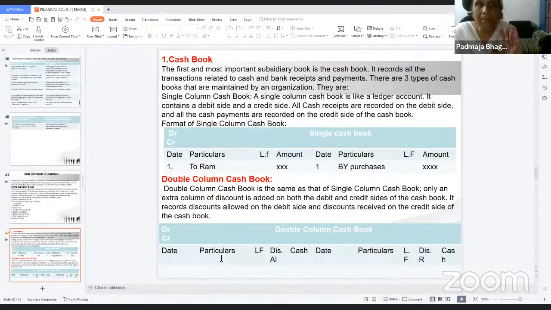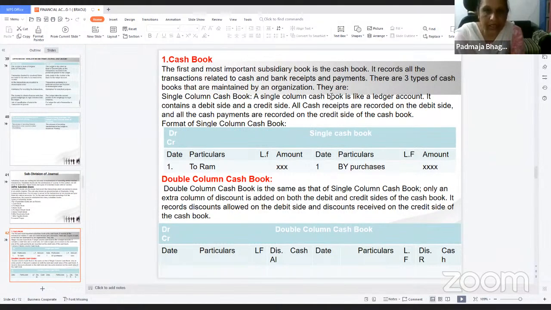A single column cash book looks like a ledger only. See here, it will be divided into 2: the debit side and the credit side. Date column, particulars column, LF, amount. Again on the credit side, date, particulars, LF, and the amount.